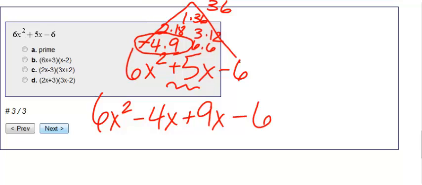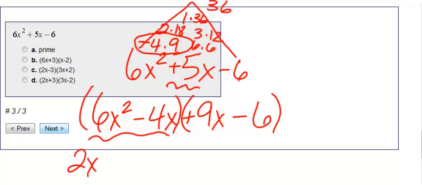Now I have 4 terms, so I group the first 2, group the last 2. In my first set of parentheses, I ask myself, what can I pull out? In this case, I can pull out a 2 and an x. So if I pull out a 2 and an x, I'm left with 3x minus 2.